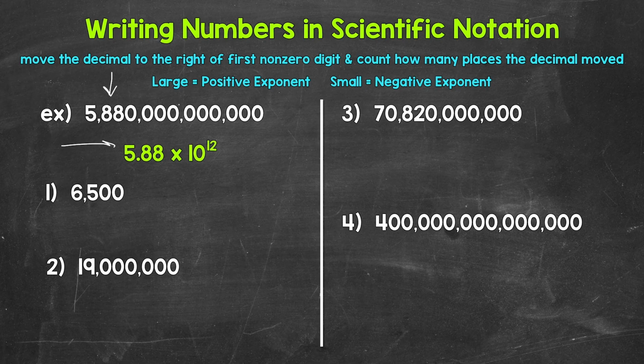Here's that number in scientific notation. So we can see how that number was condensed. It was shortened, but it's still equal to the number above. Now, when it comes to scientific notation, we're going to have a number that is greater than or equal to 1, but less than 10, and we're going to multiply that by a power of 10.